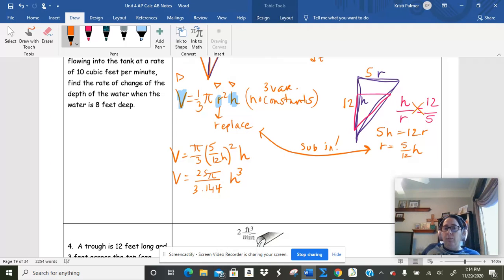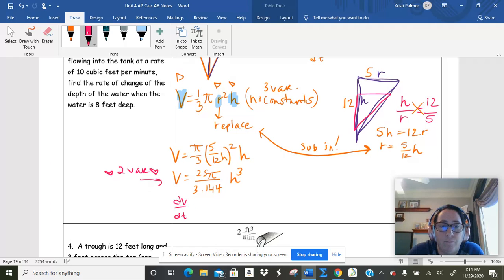I'm just going to clean it up a bit. Now, this is my other little trick. I'm not going to multiply that 3 because when I take the derivative and bring it down, they're going to cancel. So now it's time to take the derivative. We've got it down to 2 variables. So we're going to take the derivative with respect to time. Remember I said when I bring the 3 down, they cancel?